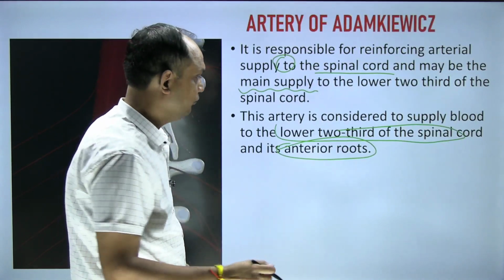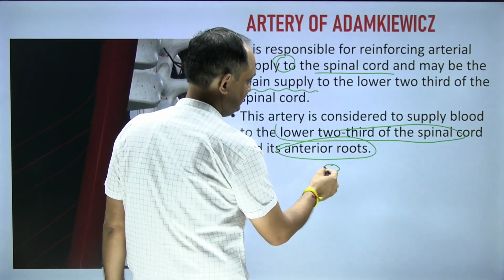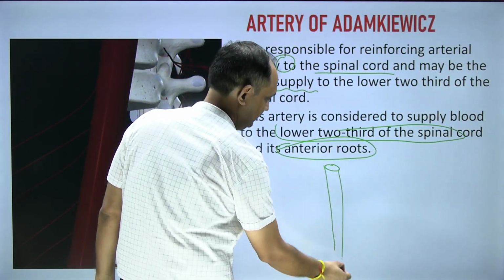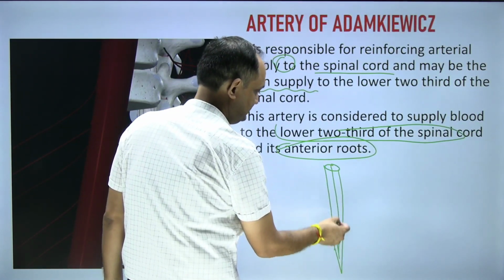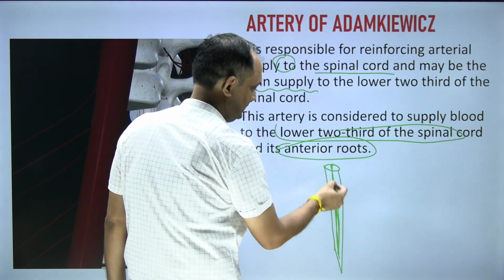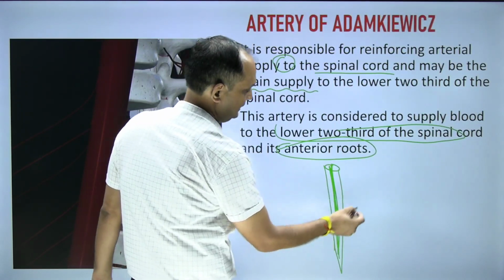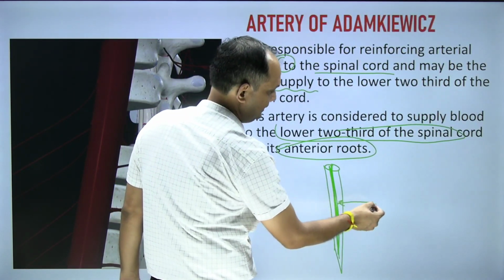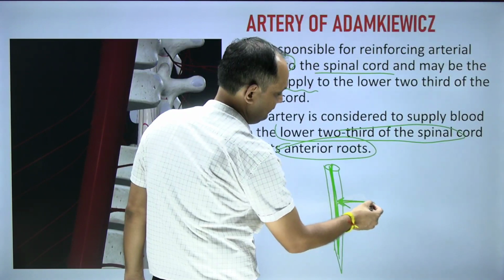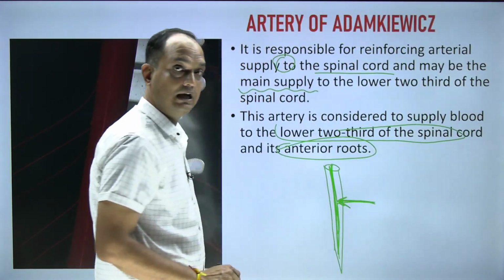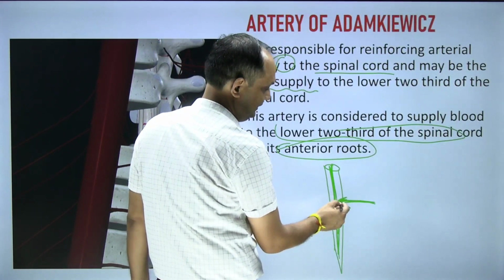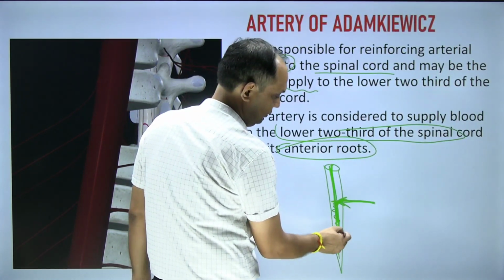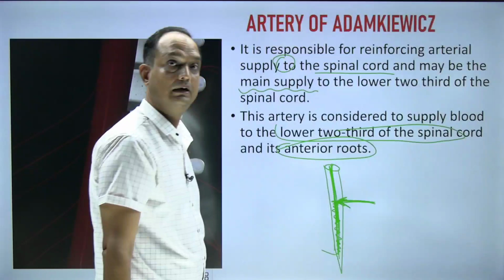The important concept is this: this is your vertebral column, which contains the spinal cord. The spinal cord has the anterior spinal artery, which receives an anterior radicular artery that is excessively large, and this large artery supplies blood to the whole lower part of the anterior spinal artery.